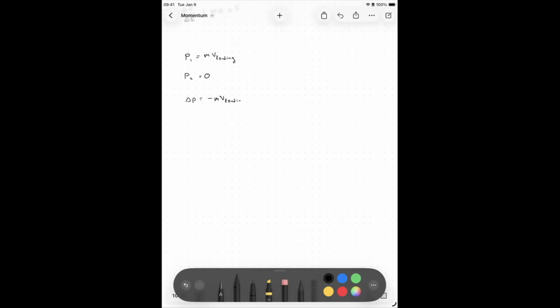The negative sign indicates that momentum is being removed from the system. Substituting this into our force relationship gives us this equation, which highlights two ways to reduce landing forces. The first is to decrease the landing velocity. The second is to increase the amount of time over which the landing occurs.